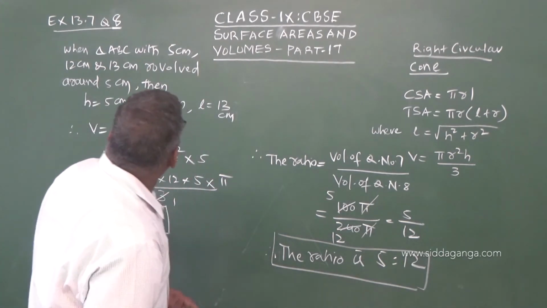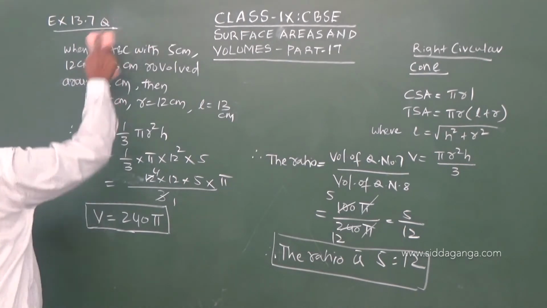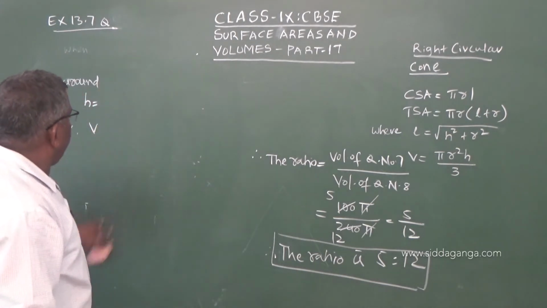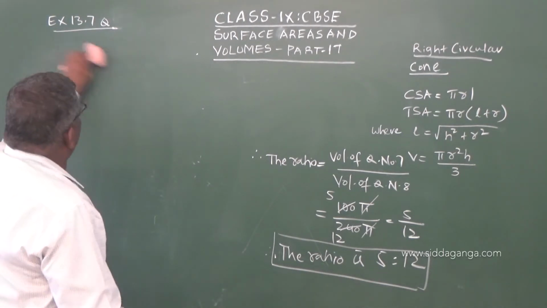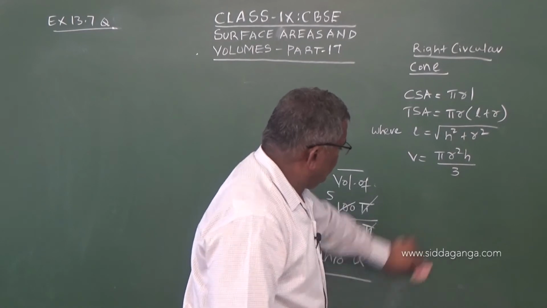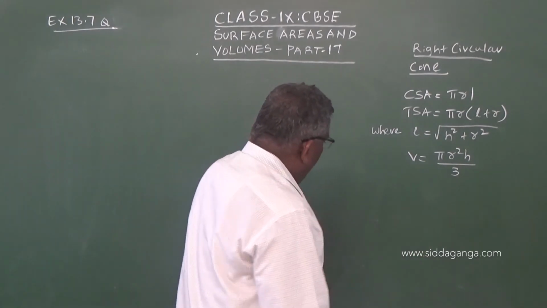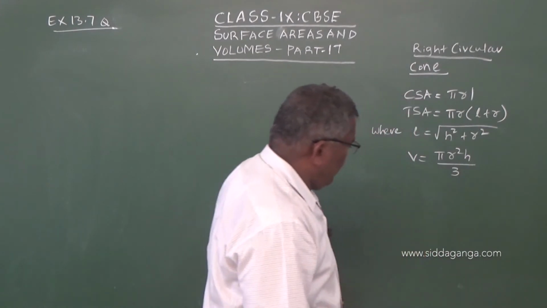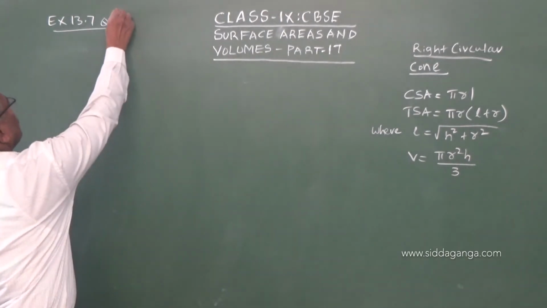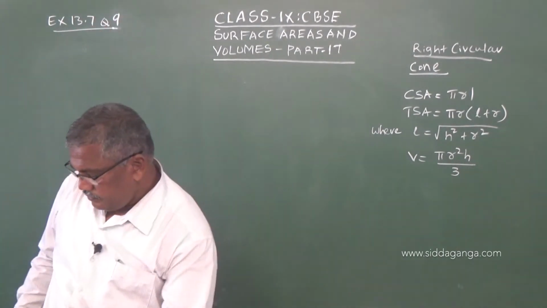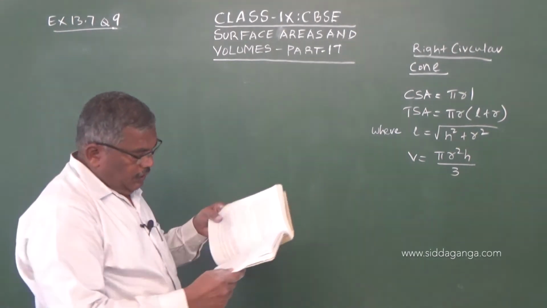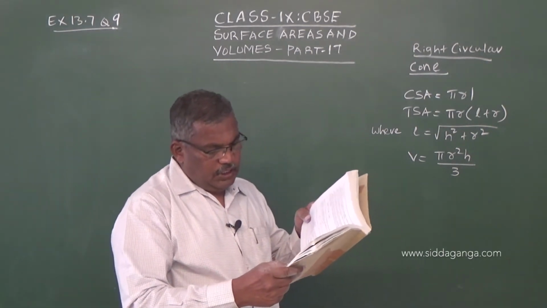Now I will move on to question number 9 and the last question in this exercise 13.7. Now a heap of wheat is in the form of a cone.